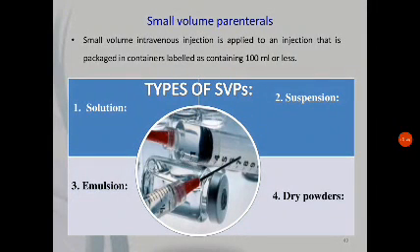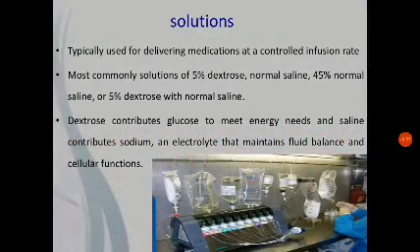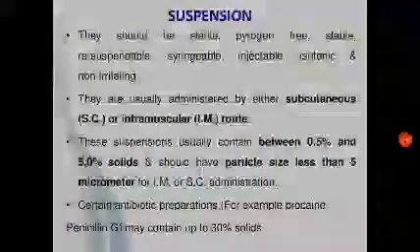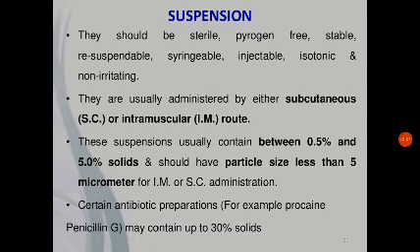The small volume parenterals include simple solutions, suspensions, emulsions and dry powders. Solutions are typically used for delivering medicines at a controlled infusion rate. They commonly contain saline 0.9 percent. Then suspensions are mainly applied for IM and subcutaneous administration, when you cannot make a simple solution.